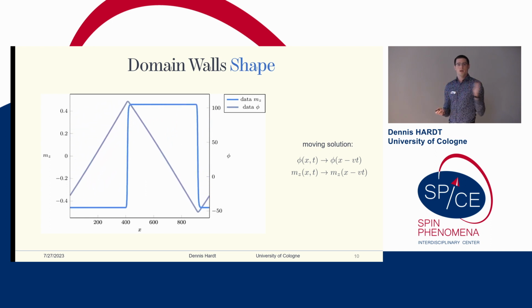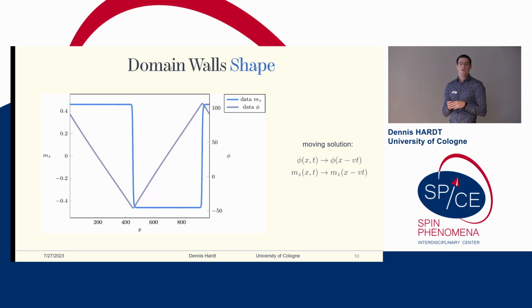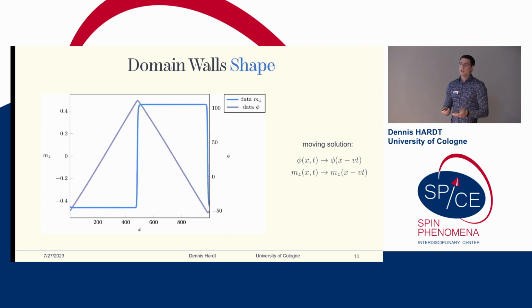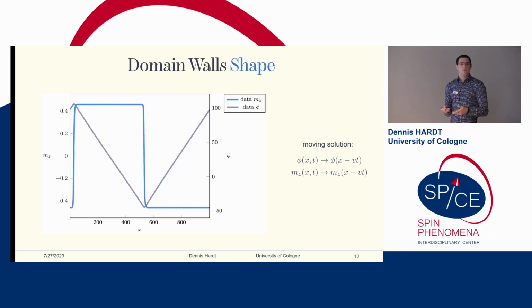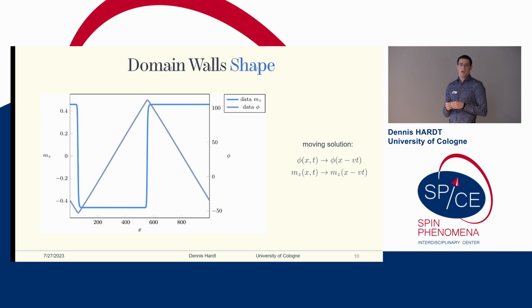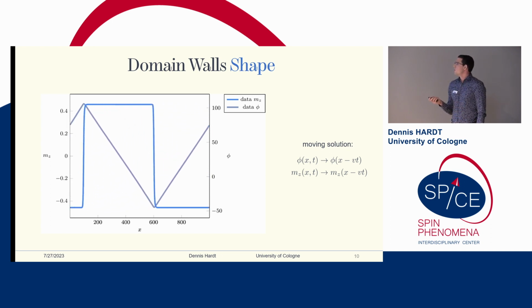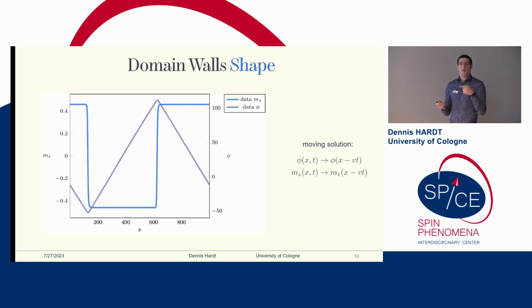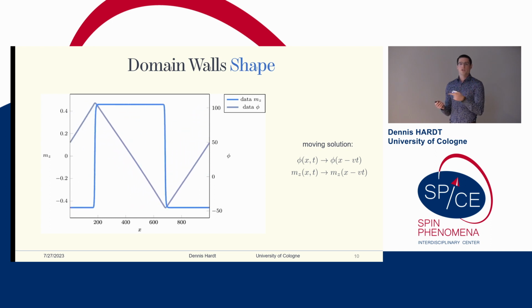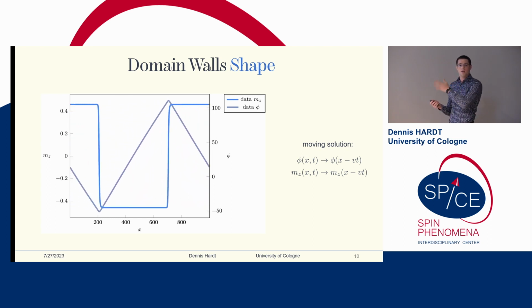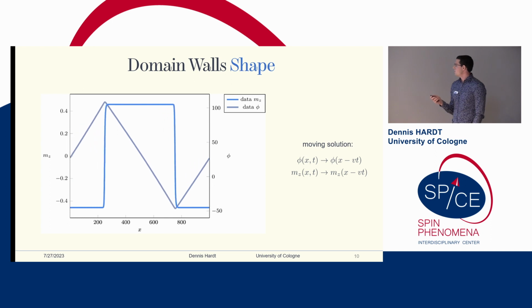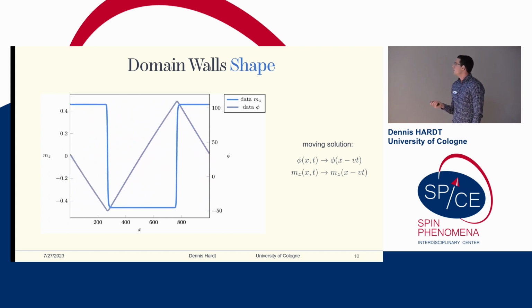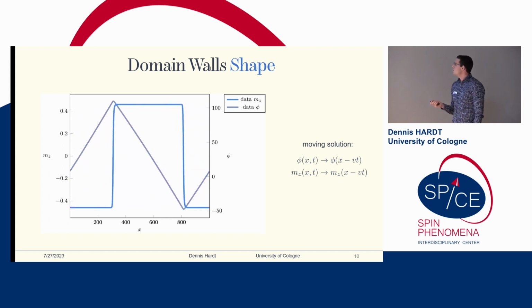The more interesting fact is this collective moving through the system, which is exactly the emergent collective behavior that I've mentioned from active matter before. But now we have these rotating spins, which collectively transport this through the system, and we see this moving solution.